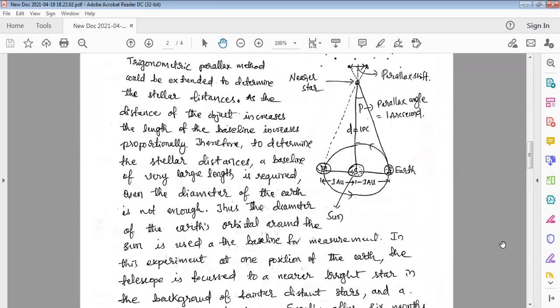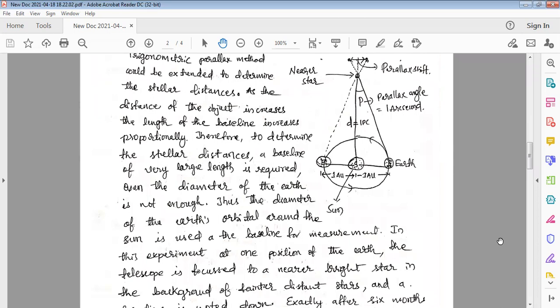And now we are going to measure the distances of stars. You can imagine how the length of this baseline increases. This length of the baseline increases tremendously. So it is very difficult to draw such a big line.